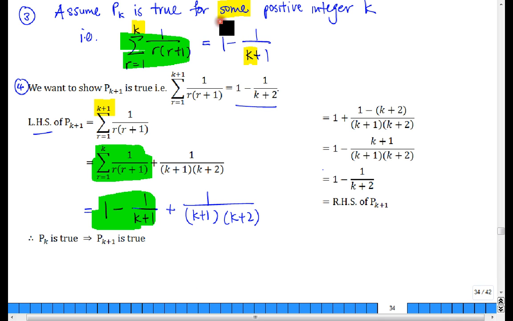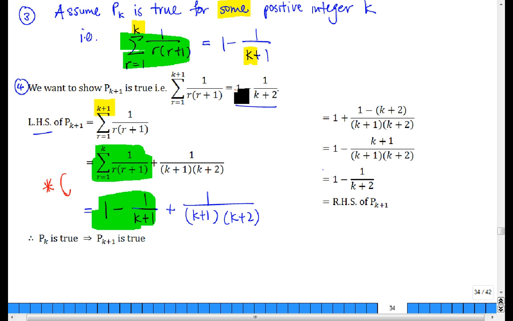This here to here is the most important. This replacement, this using step number 3, is most important. Once we make use of that, the rest is just algebraic simplification and aim towards the answer. Aim towards what answer? This answer.